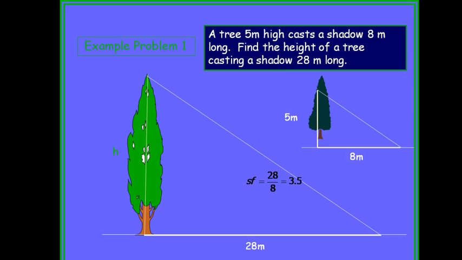Here, SF is 28 upon 8, that is, the scaling factor is 28 upon 8, which is one of the corresponding sides in both the triangles. So this height is one of the sides of the greater triangle. So we will multiply SF with the corresponding side in the other triangle. In the other triangle it is 5 meter. So you can multiply 3.5 with 5 to get the whole length of the bigger tree.